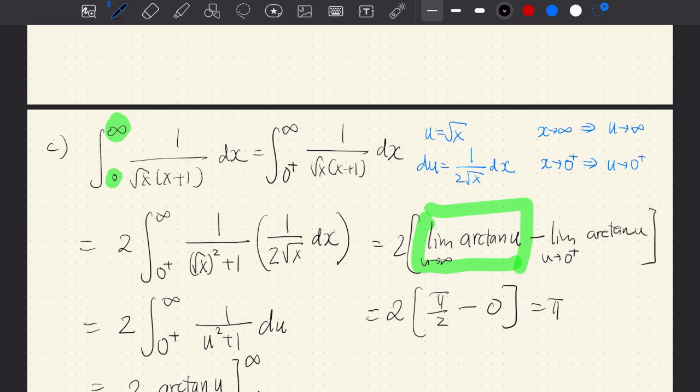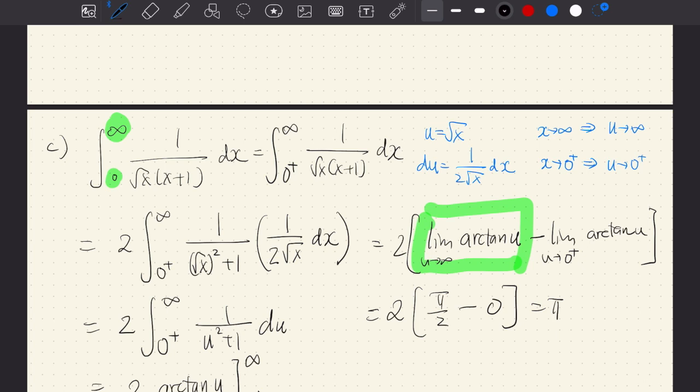So you can see that this improper integral actually has 2 flavors. The first flavor is that it has an infinity at its limit of integration. And the second flavor is that at the limit of integration, the integrand has an infinite discontinuity. The way you tackle the first is you just take the limit to infinity when you're evaluating the antiderivatives.